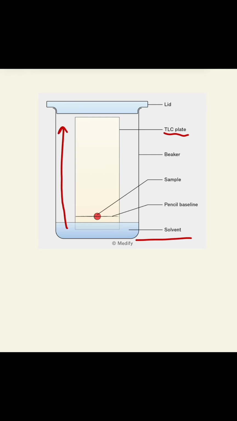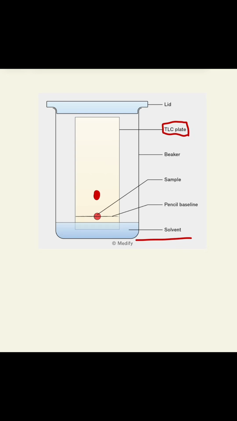So it'll end up over here somewhere if it interacts strongly with the TLC plate. But if it doesn't interact strongly, then it might end up around here. Those interactions can include intermolecular forces such as polarity and hydrogen bonding.